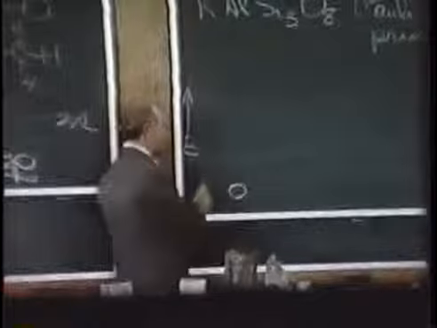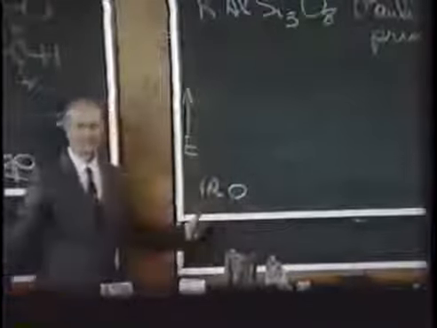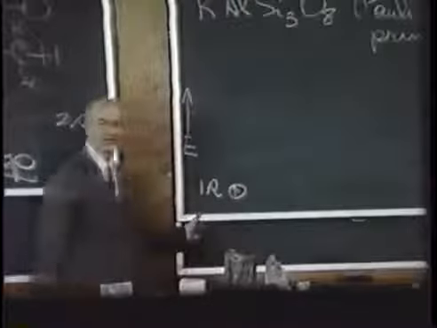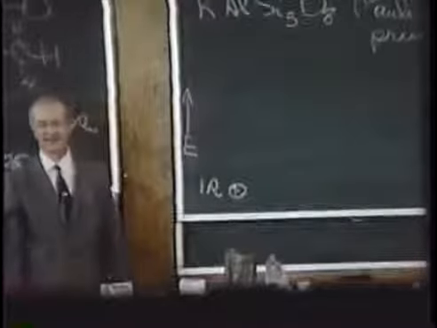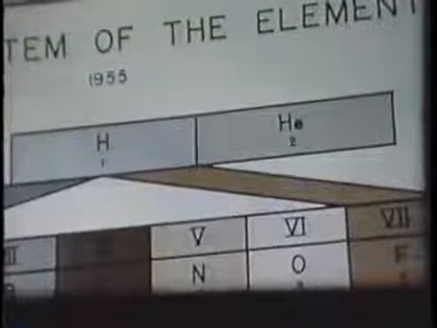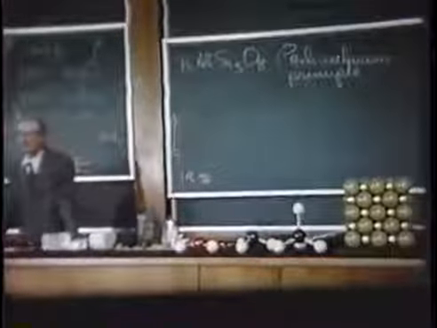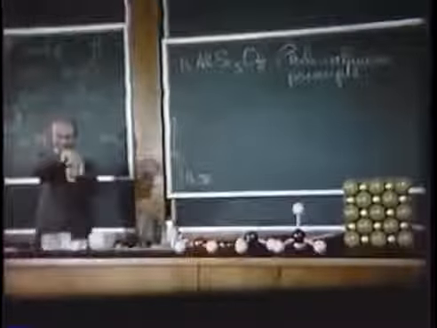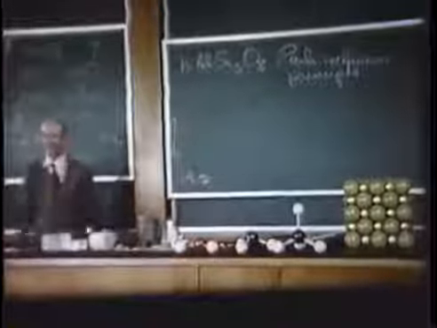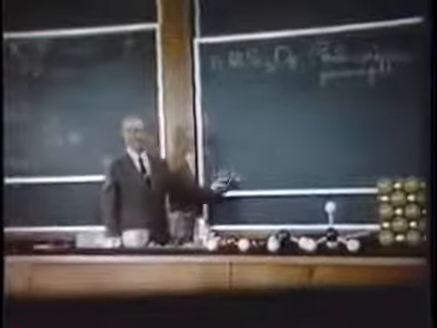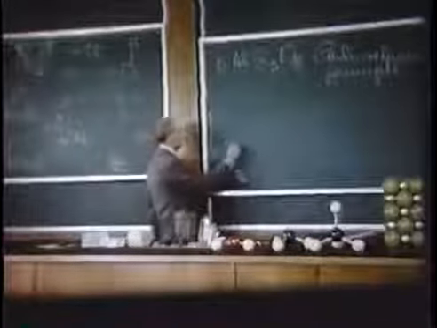We start out with the 1s orbital. Hydrogen can have one electron in the 1s orbital. I represent it by putting in an arrow pointing upward. Helium can have a second electron, two electrons in the 1s orbital. I show then the arrow pointing down. By Pauli's principle, that is all the electrons that can be placed in the 1s orbital.